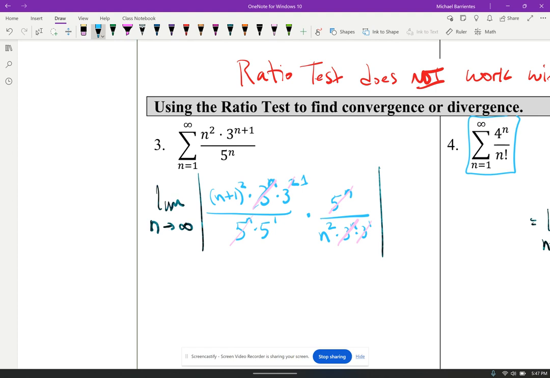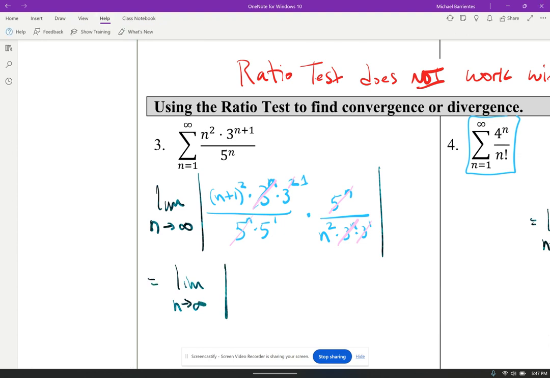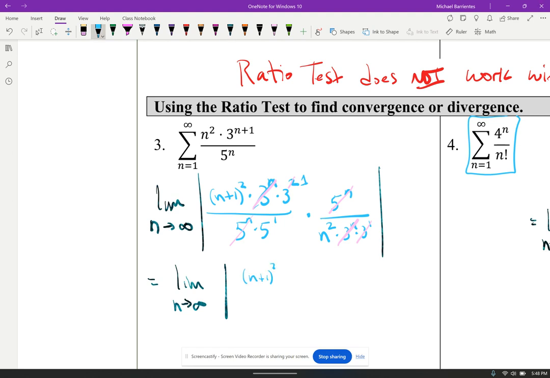So what's left over? Well, we started with a lot of pieces in this puzzle, but now I'm left with n plus 1 squared times 3, because this is gone, 3 to the first, okay, divided by 5 times n squared. Close the absolute value. And now we're going to take the limit of this.